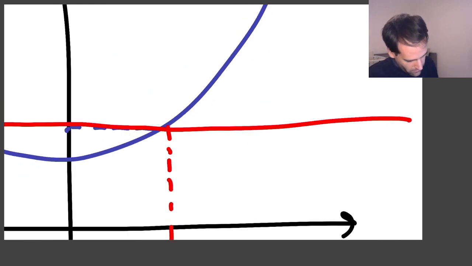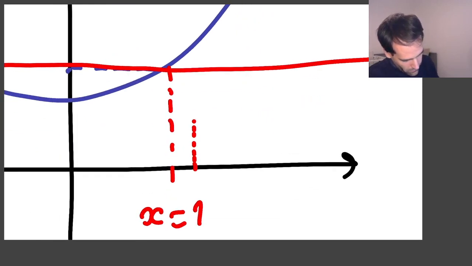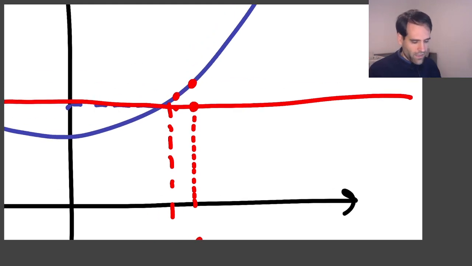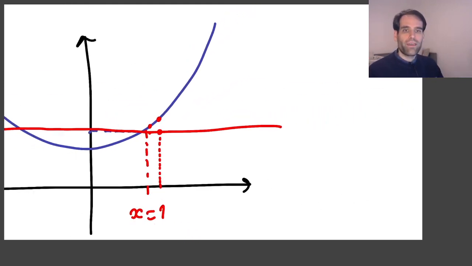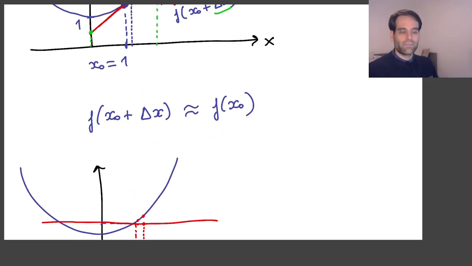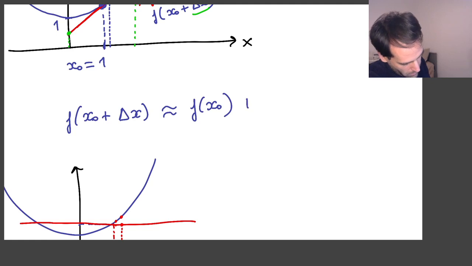So if we are at 1.1, then the difference between this and this is not that big. And if we get even closer, the difference gets smaller and smaller. So this is a 0th order approximation. But then the Taylor expansion says we can do better. We can add the first order. So this could be plus the partial derivative of f.